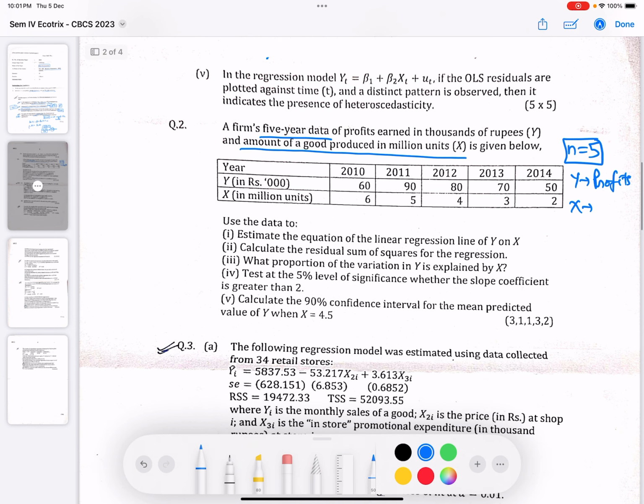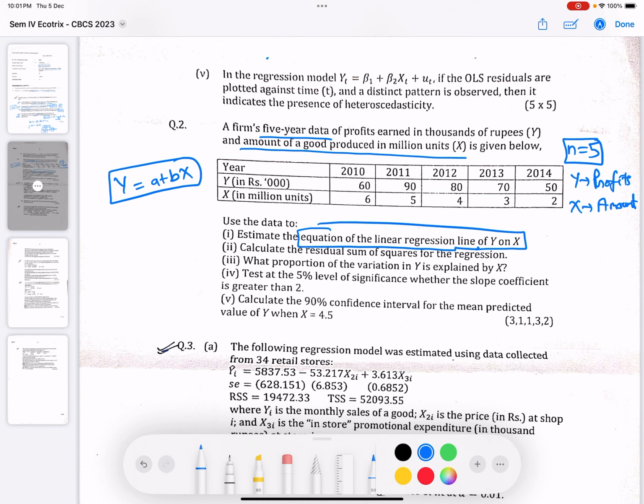So your profit would be dependent on a plus bx. So we will have a linear function of this form because they have asked us to find the equation of the linear regression line of y on x. So profit is a function of the amount produced.